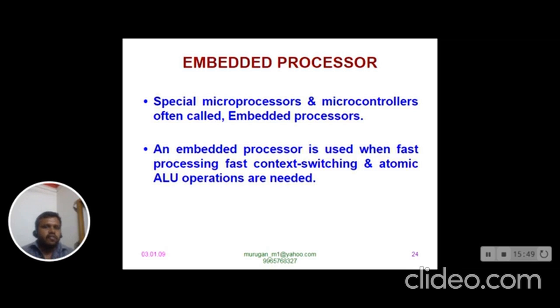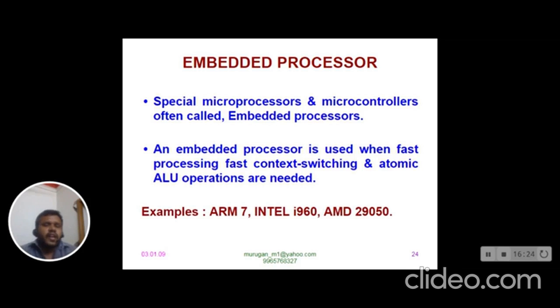We have fast processing, and we take the money with fast context switching, that is, within a simple fraction of time we type the amount and get the money. The next one is atomic ALU operation, which means we do the work in a specific manner, that is, a specific arithmetic manner, in all the applications of the embedded processor.